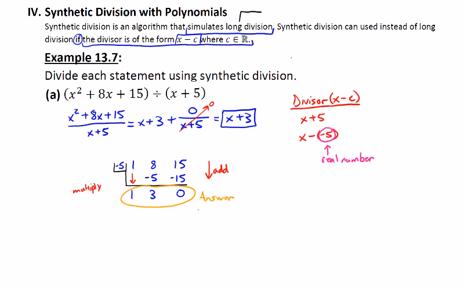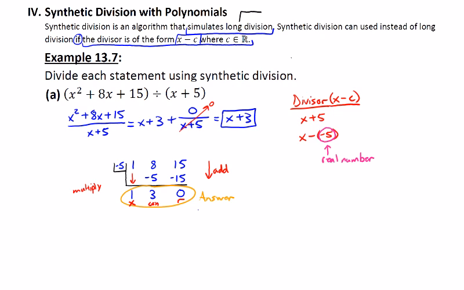The very last number that you write represents the remainder. Next to that is your constant term. Next to that is going to be the coefficient for your x term.